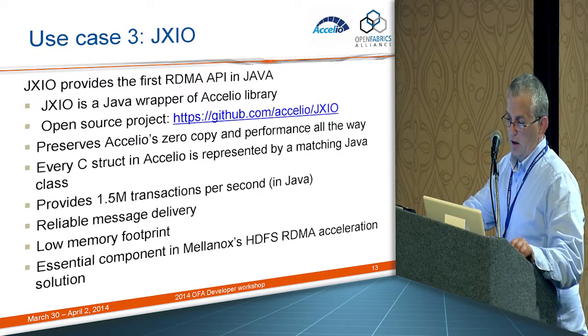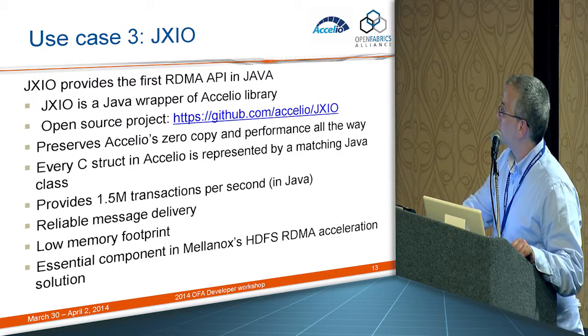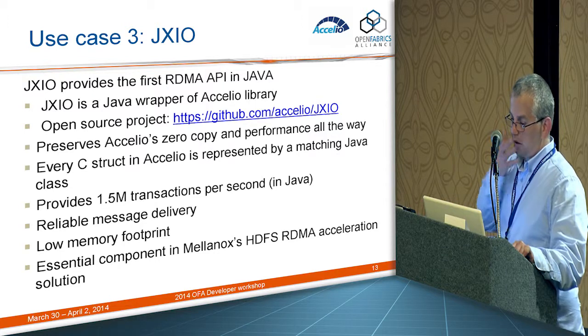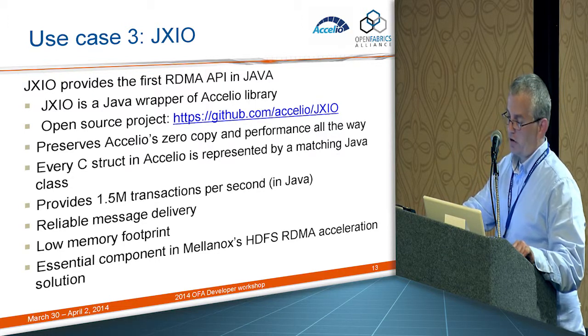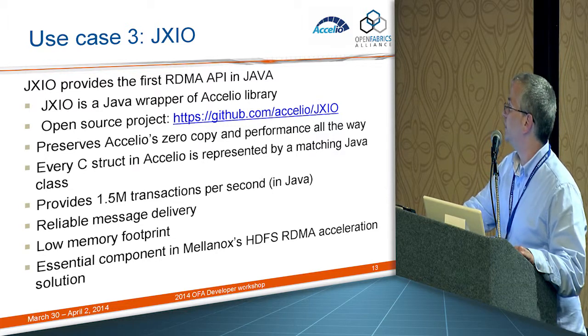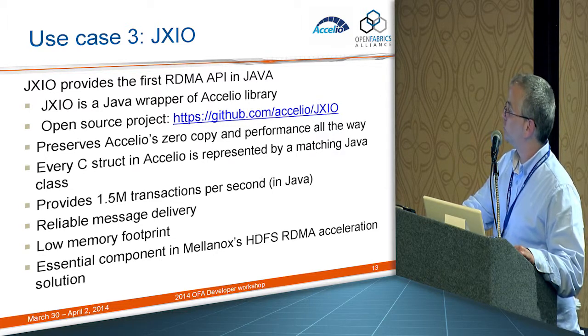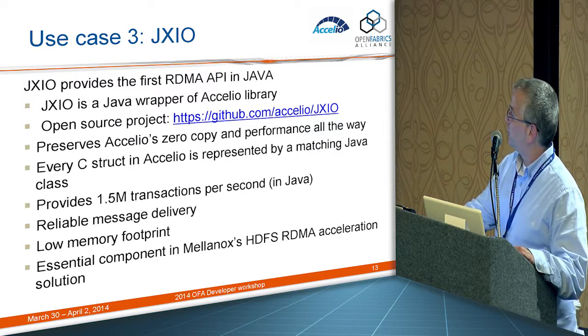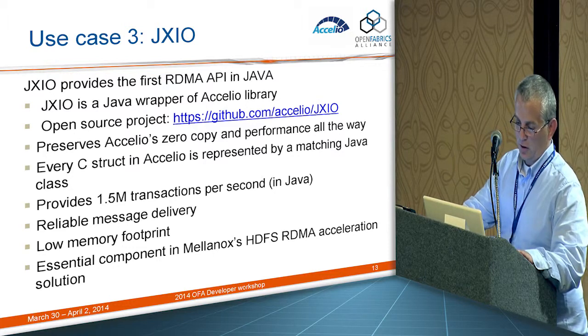It preserves the Accelio zero copy and the performance all the way. Every C struct in Accelio is represented by a matching Java class. We reached 1.5 million transactions per second. A transaction means a request and response in Java, and I don't remember hearing such numbers in the Java area.